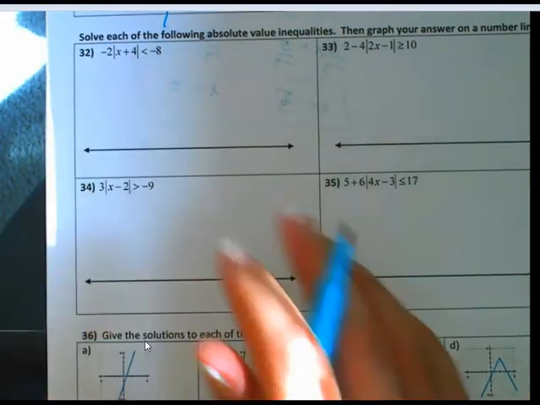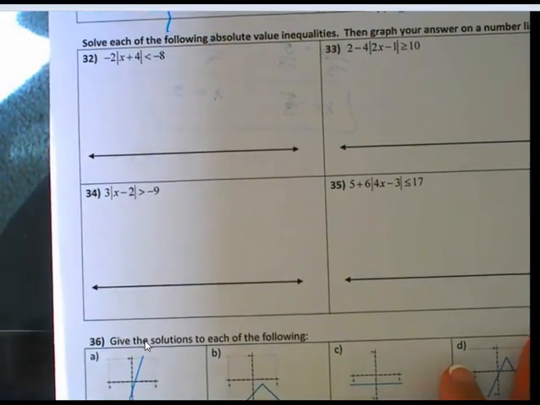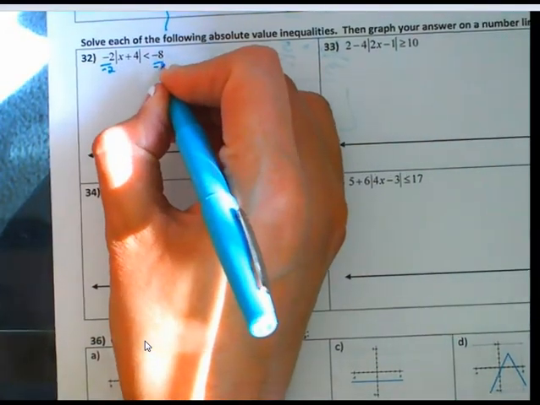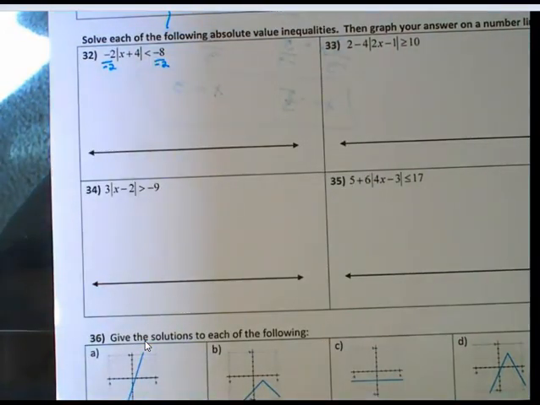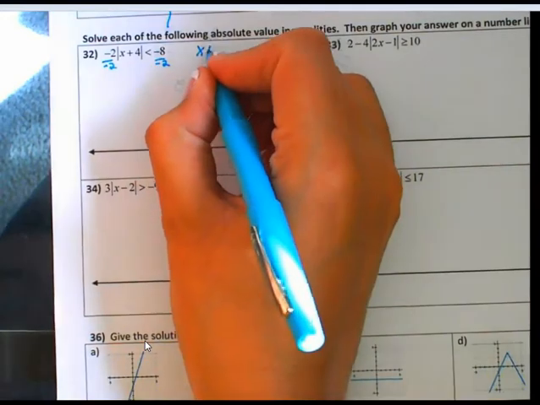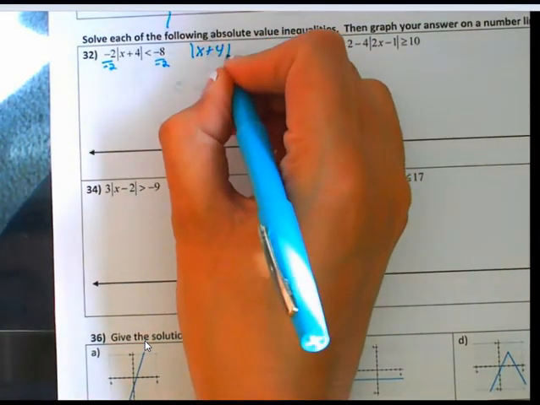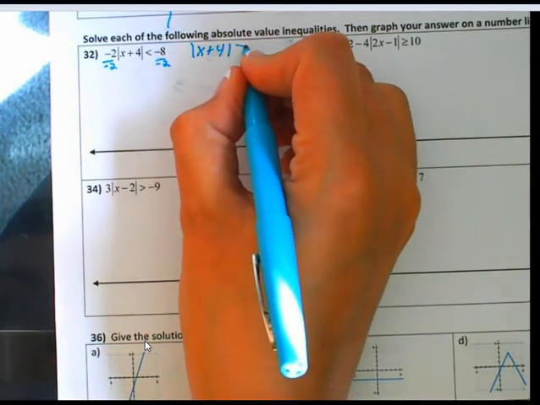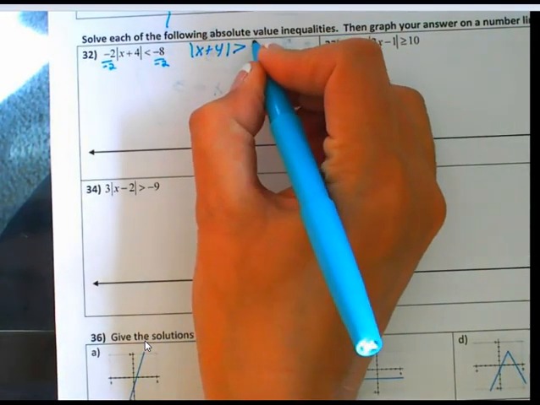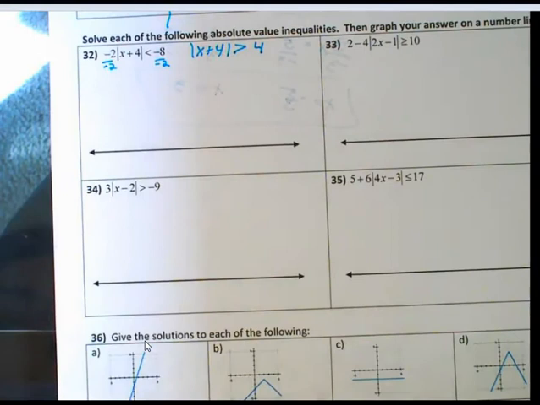We still need to isolate our absolute value. So we're going to divide by negative 2, divide by negative 2. Remember, the rule is when you divide by negative 2 for an inequality, you have to change the direction of the sign. I've got the absolute value of x plus 4, and I'm going to change this to greater than, because I divided by negative 2, is greater than 4. All right, check for special cases.